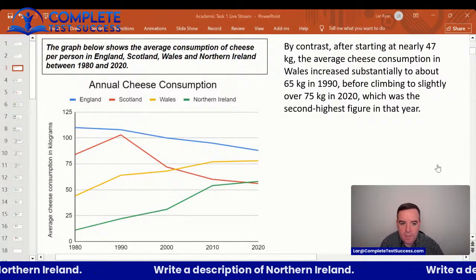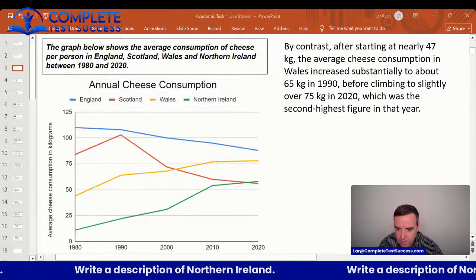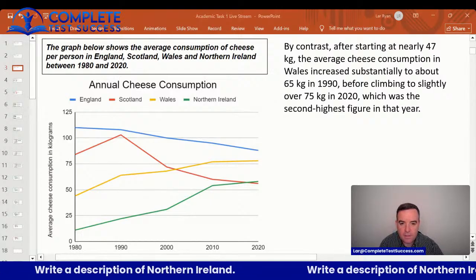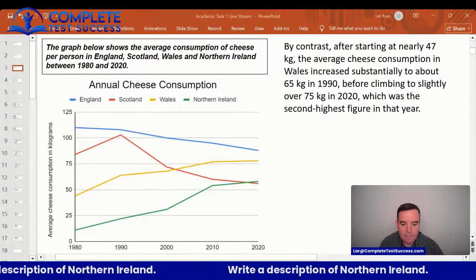Okay, I'll just wait one more minute. If you guys don't have your descriptions of Northern Ireland finished in another minute, I'll just show you a sample that I've written.